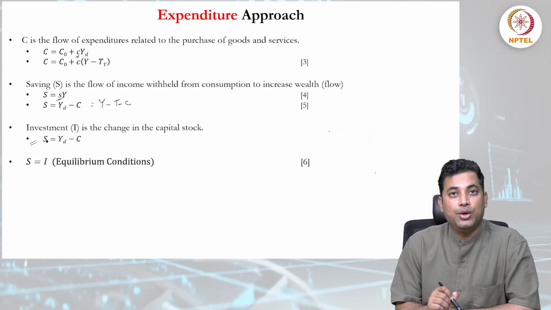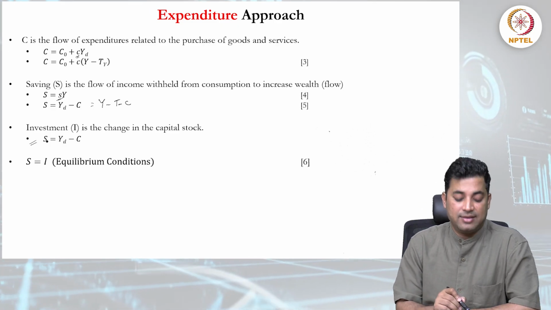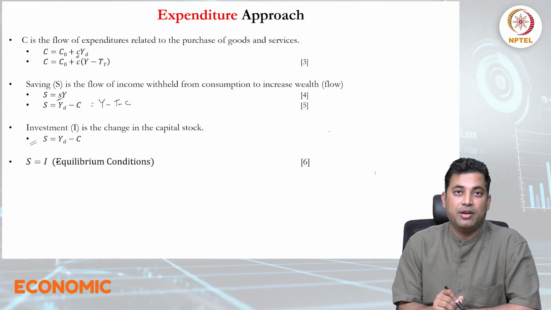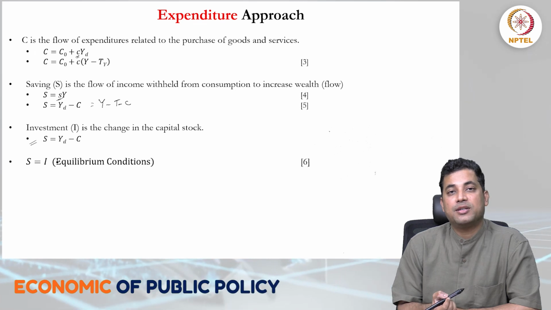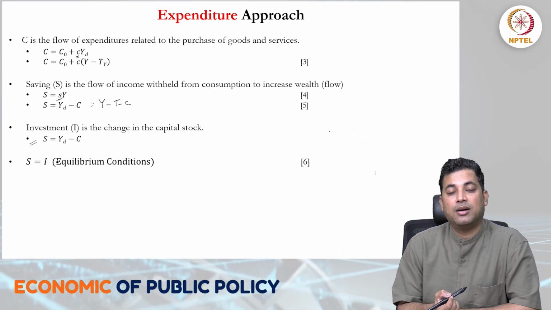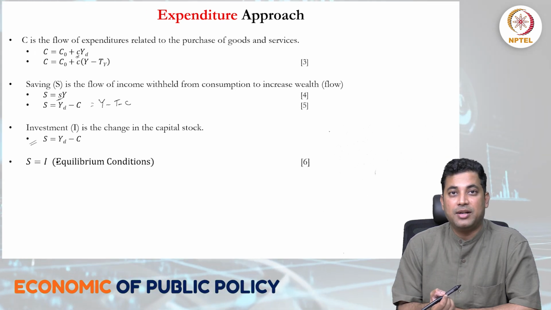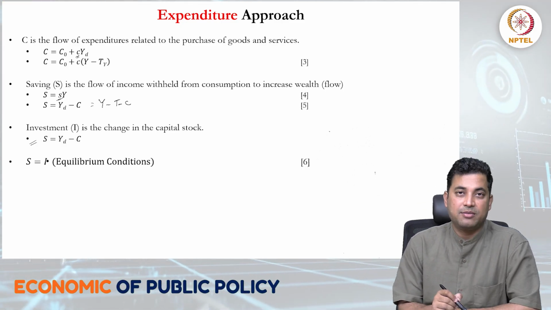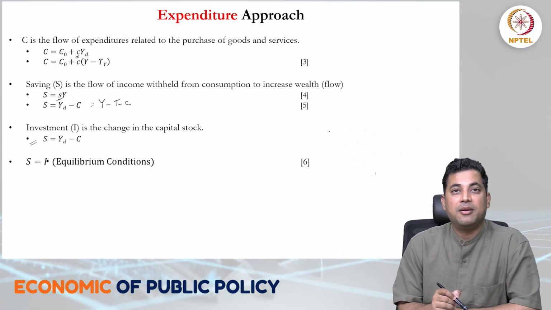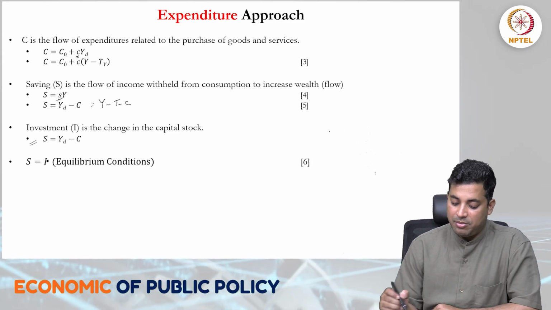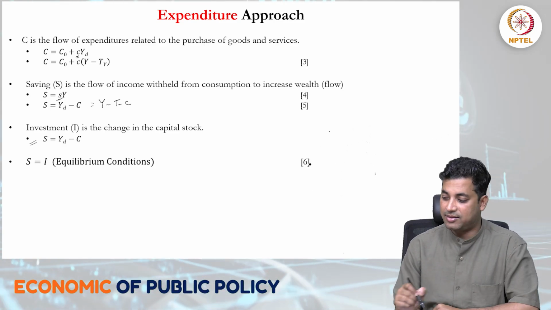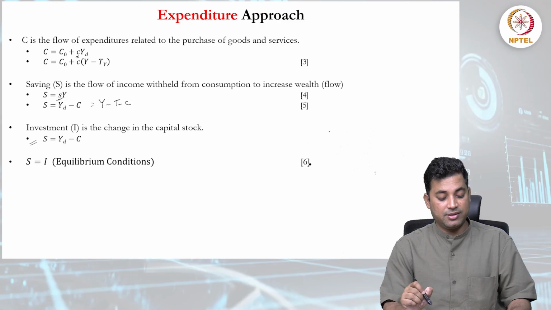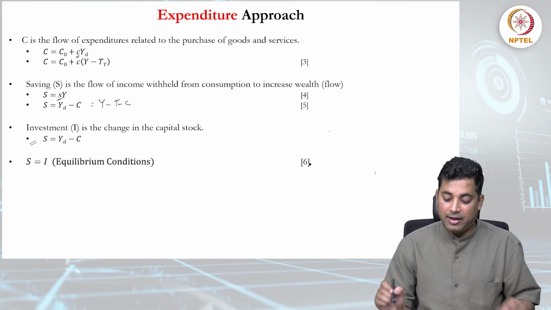As we all know, the equilibrium condition is that savings should equal investment, meaning whatever savings the households make in the financial institutions needs to be invested. This investment expenditure is done by the firm. So equation 6 is the equilibrium condition.